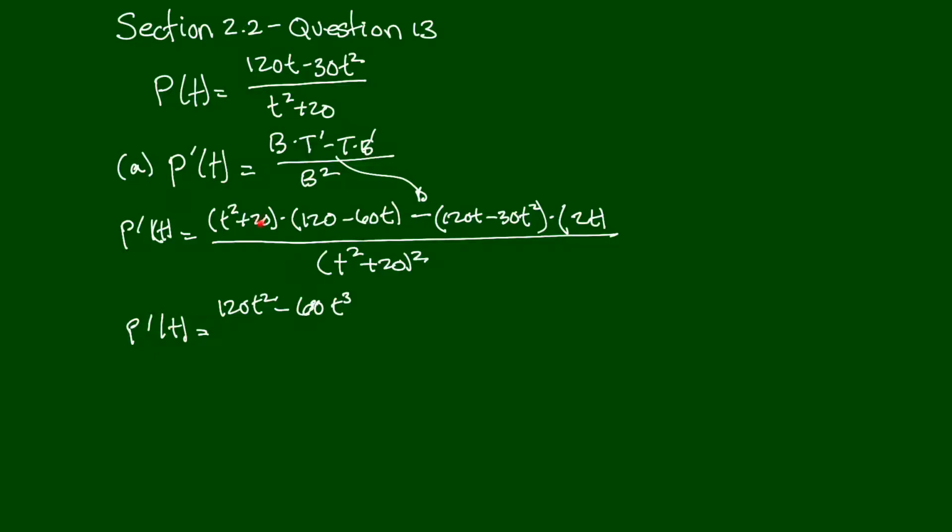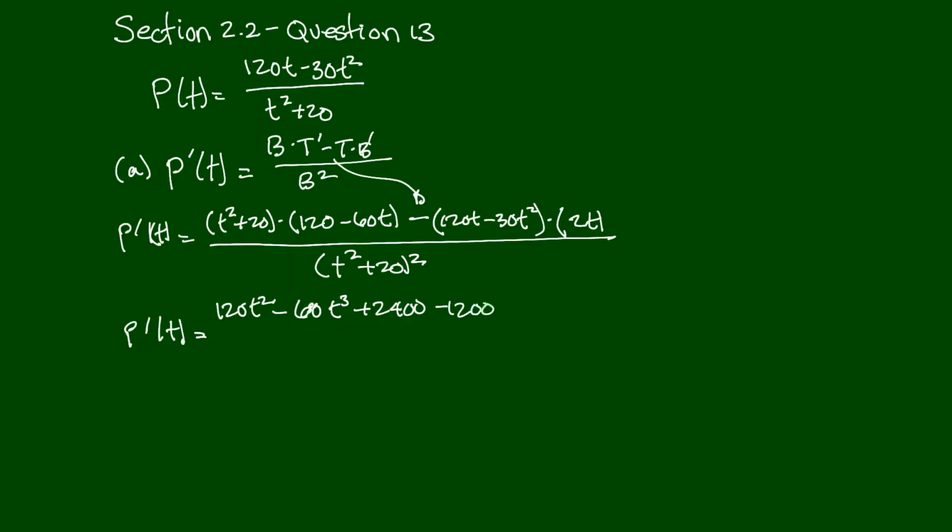And let's move over to the 20. 20 times 120, well, 2 times 12 is 24, and we've got 2 zeros, so we'll get plus 2400. And then 20 times negative 60t is, 2 times 6 is 12, and I've got 2 zeros, so minus 1200t.